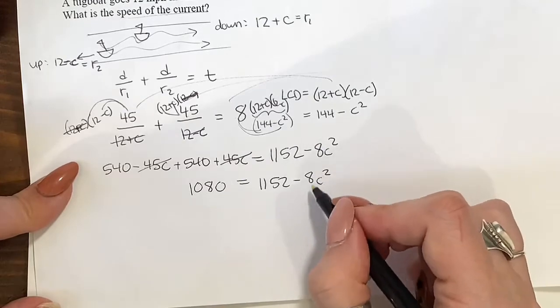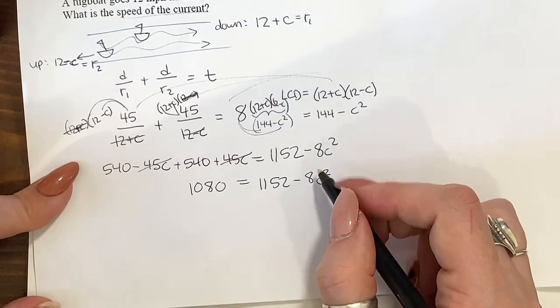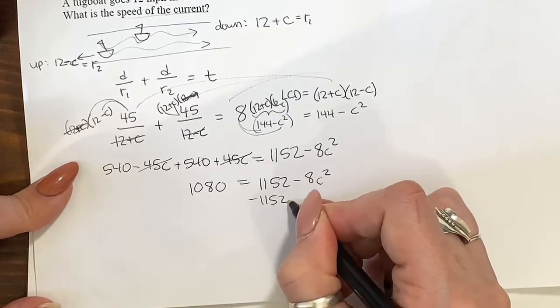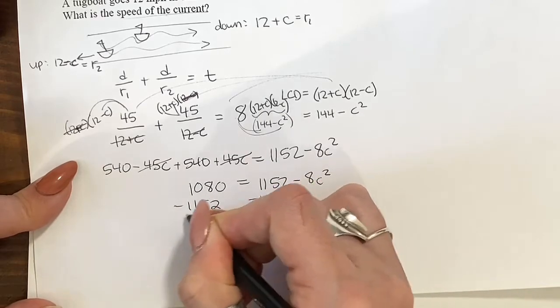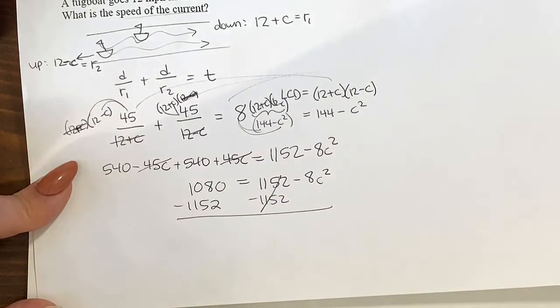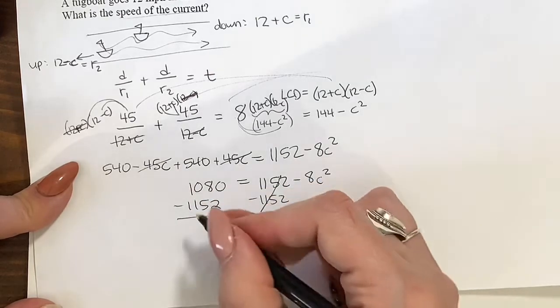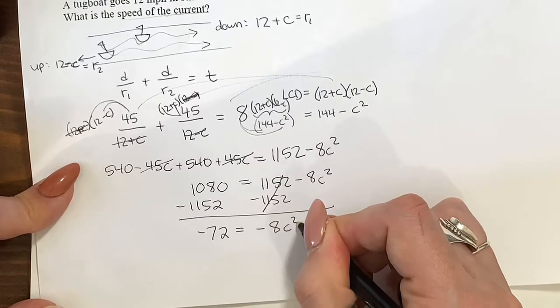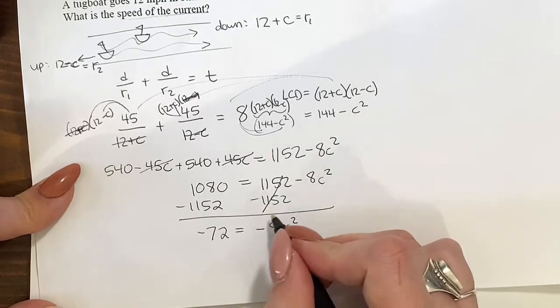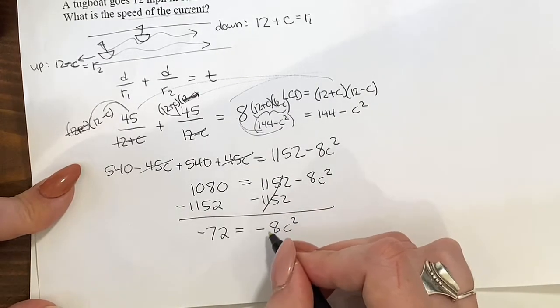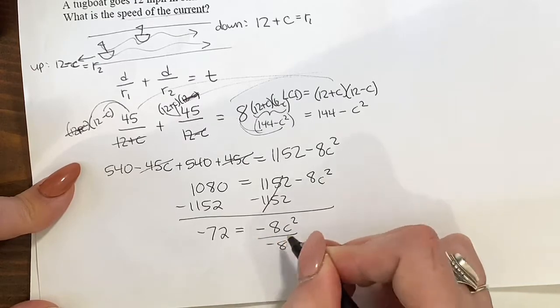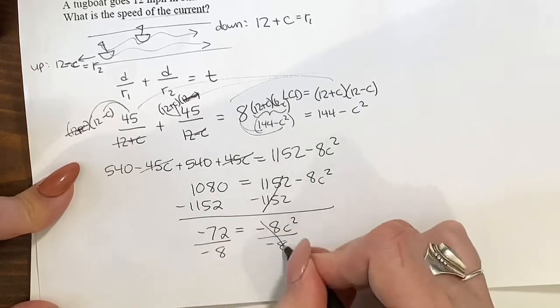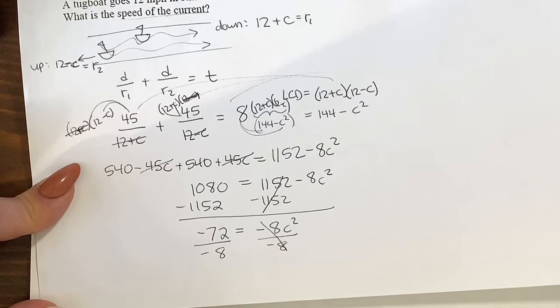So if I'm solving for my current, I want to get c alone. So let's subtract this 1152 over to get our numbers together. So if I do 1080 minus 1152, I get negative 72 equals a negative 8c squared. And now solving for c, again, we want to get rid of that negative 8, so we'll divide by negative 8 on each side, which is good because that'll get rid of our negative for us.